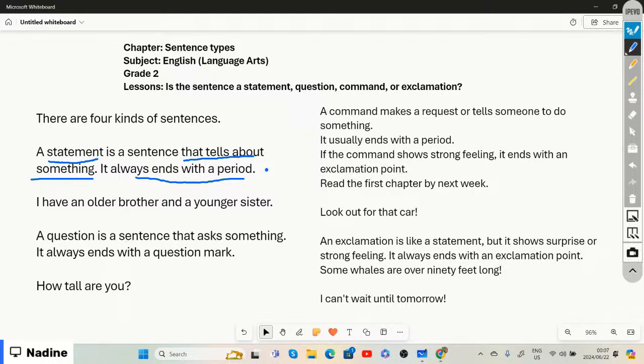And if we look at an example of a statement, it says, I have an older brother and a younger sister. So a statement is basically like just saying anything. It's like anything random.